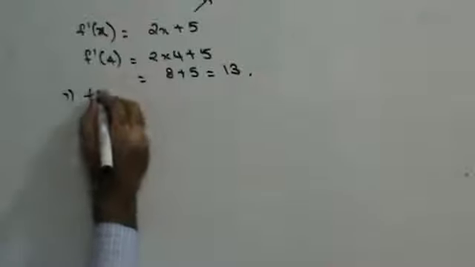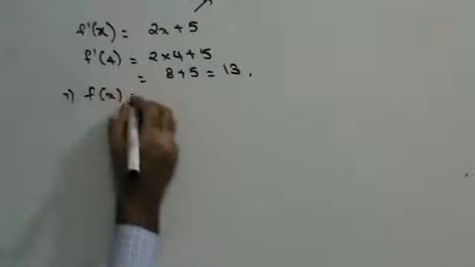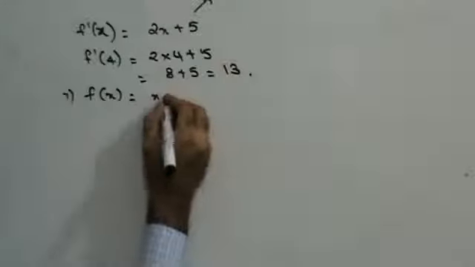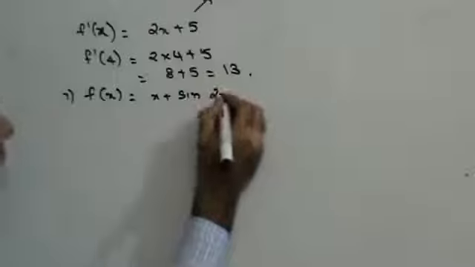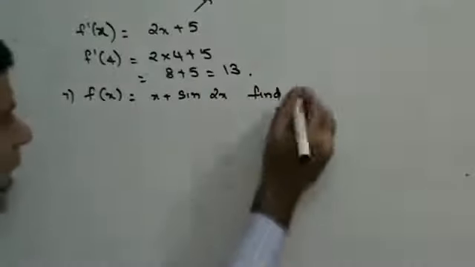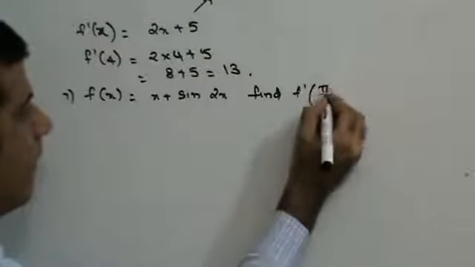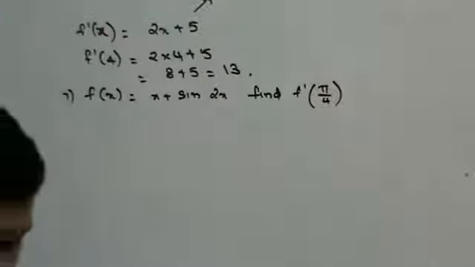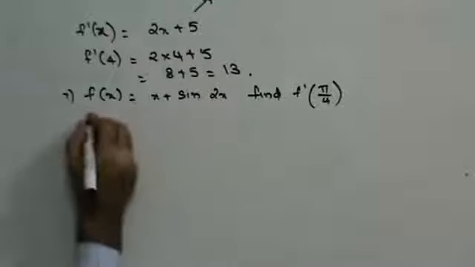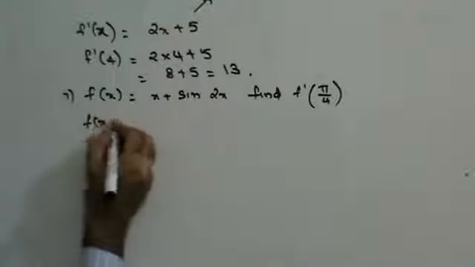f of x is x plus sine 2x. You have to find f bar of pi by 4. Let's see this. First, let us find f of x plus h.